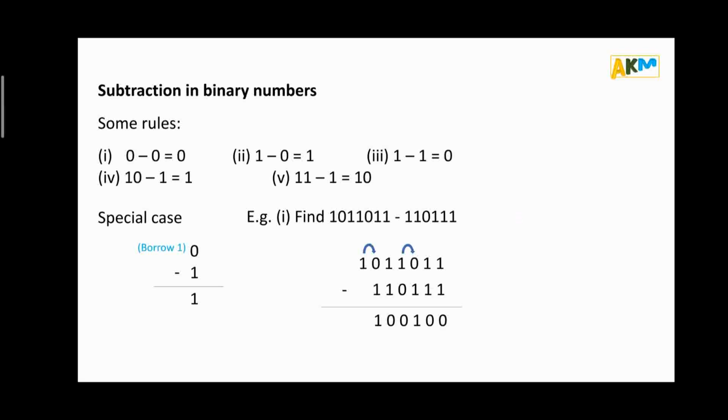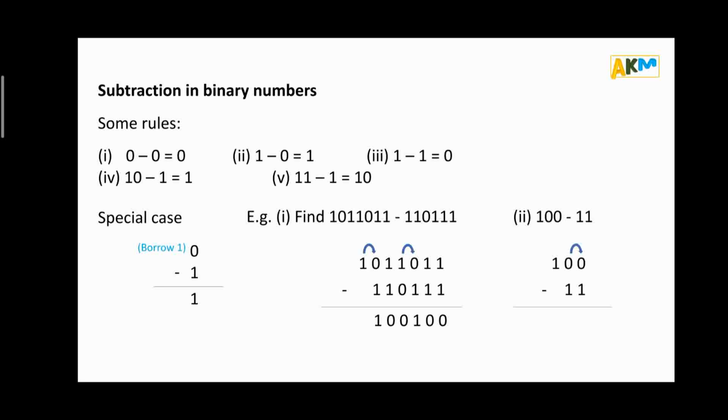So let's take another example, 100 minus 11. We will subtract likewise. We put 100 and below we put 11. Here we have a special case, that is 0 minus 1. For that we borrow 1 from the left digit, but here it is again 0.